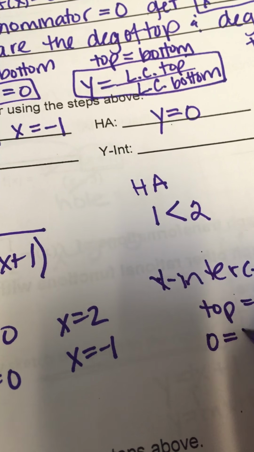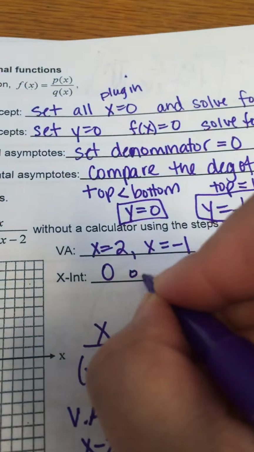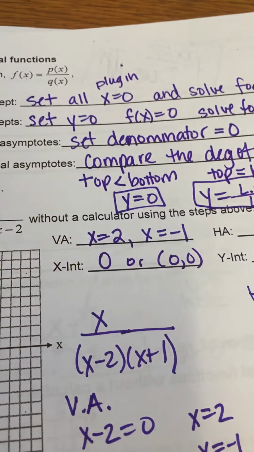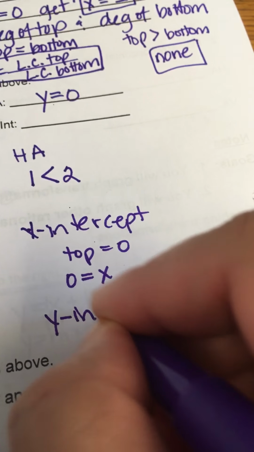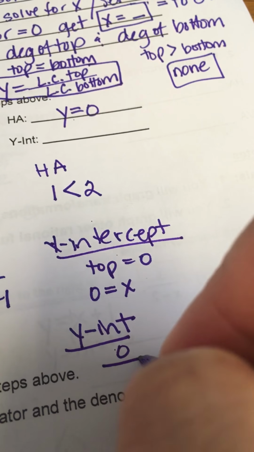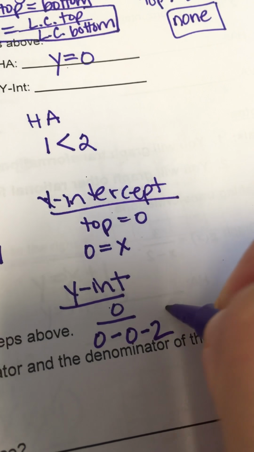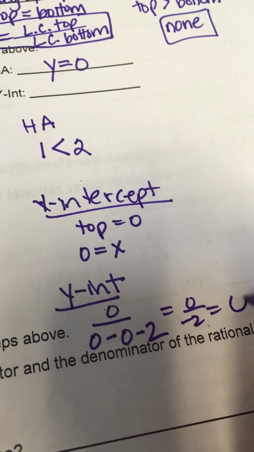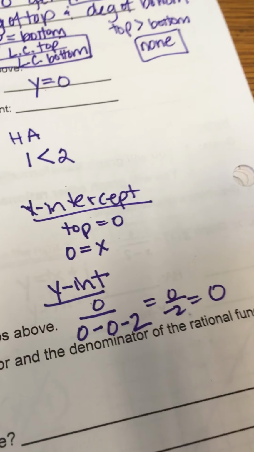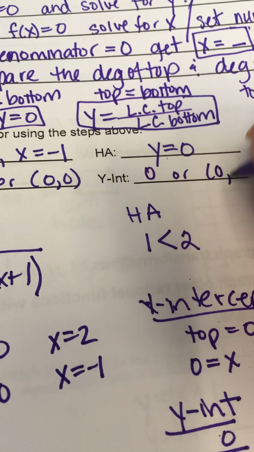So 0 is equal to x. There's no solving to do, so you actually have your x-intercept right away: 0, or at the origin. The y-intercept, you'd replace every single x with a 0. Okay, so 0 over 0.